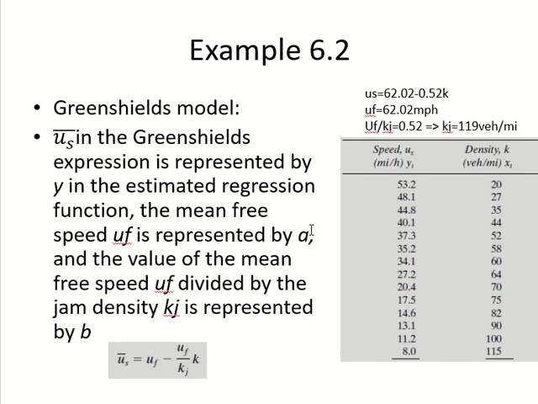For this case, same, but your x will not mean k. Your x will mean log of k, and your a will not mean uf. Your a will mean c of something. And your b will not mean this ratio. Your b is c. Got it?